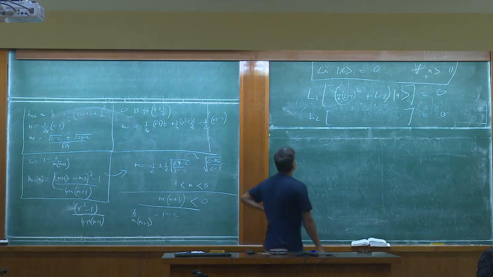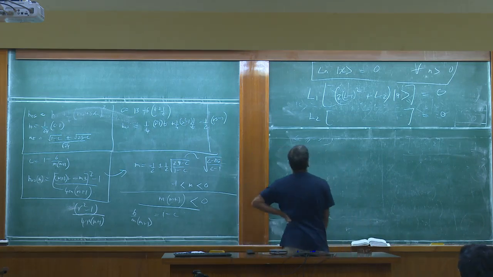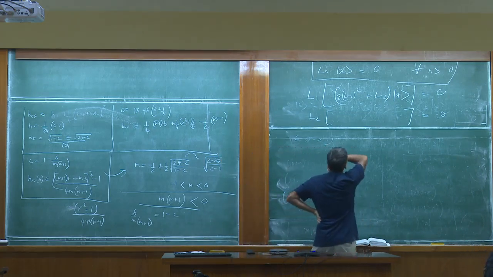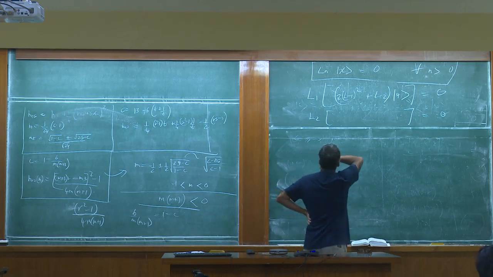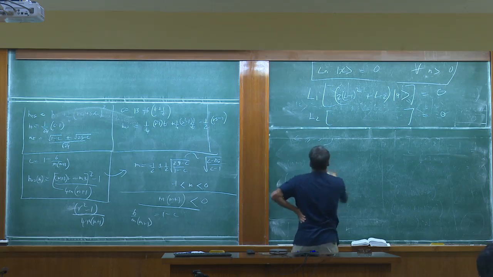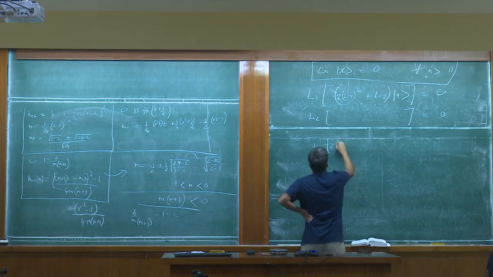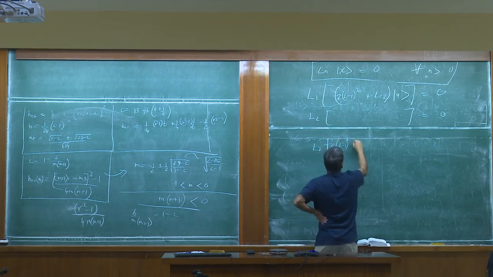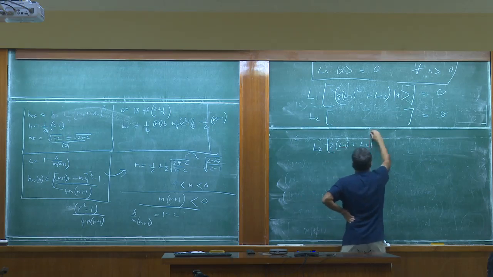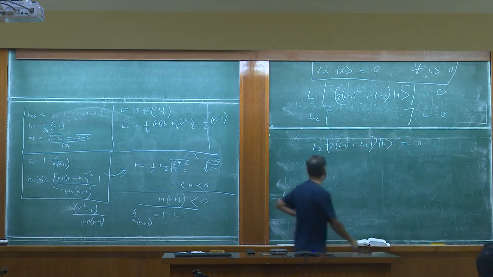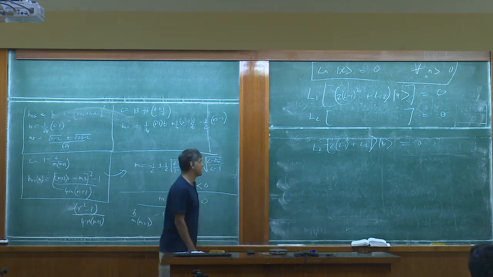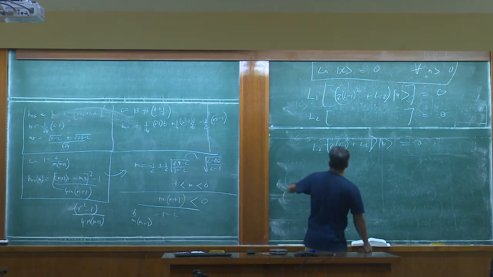So we want L1 on this equal to 0 and L2 of this equal to 0. Let's start with L2, that's the easier calculation. So we have L2 into eta L minus 1 the whole thing squared plus L minus 2 acting on psi is equal to 0.